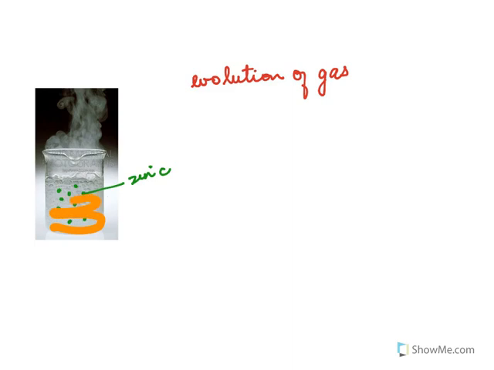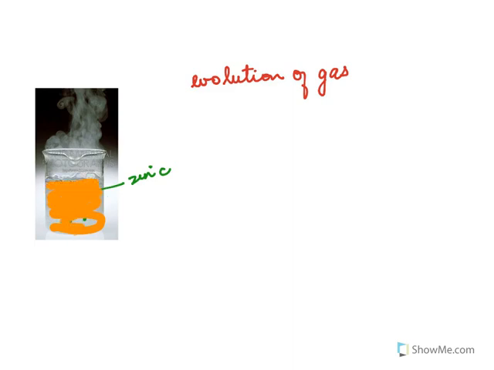Another indication for a chemical reaction to take place is evolution of gas, when a gas is given out. Like in this picture we have bits of iron, or it could be zinc also, which is put in a solution of acid.